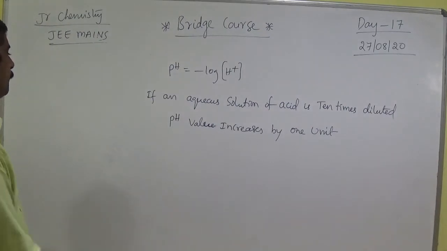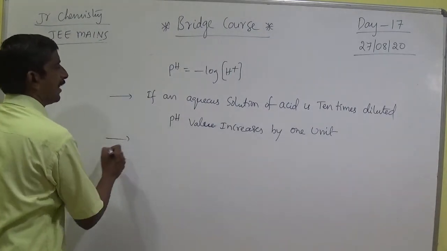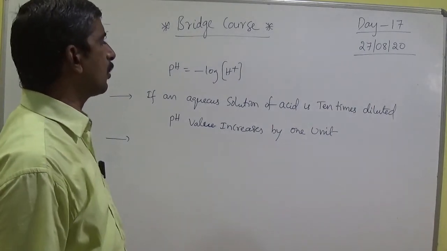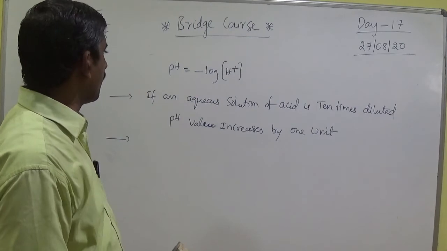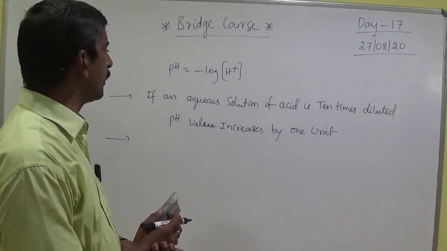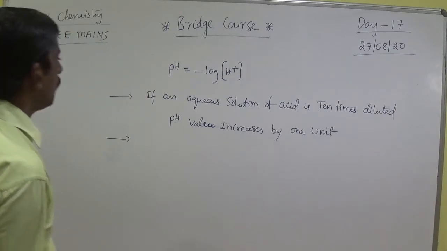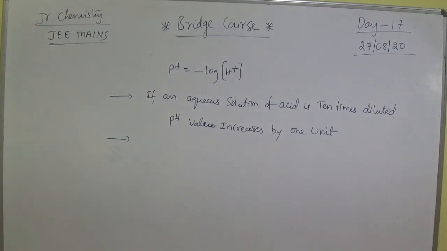So if an aqueous solution of acid is 10 times diluted, pH value increases by 1 unit.